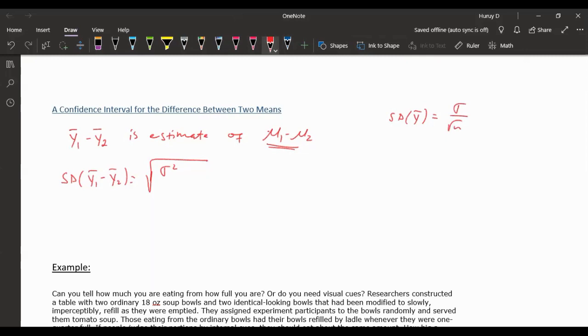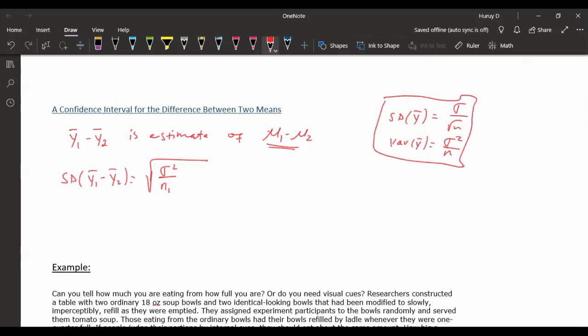So here I have sigma square over n1. This is the variance. If this is the standard deviation, then the variance is just you square both the numbers, so you get sigma square over n. Okay, we were not using this one before. I mean, you may not be familiar with it, but the standard deviation is this one and the variance is this one.